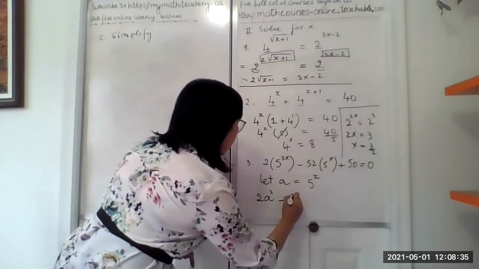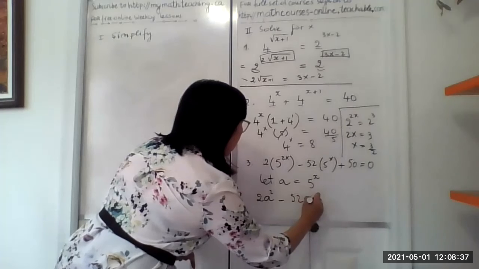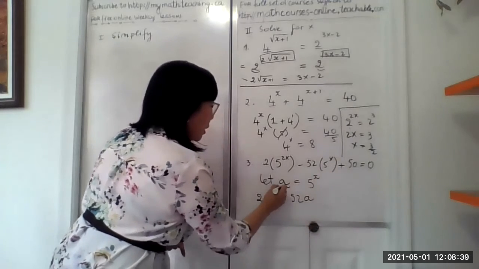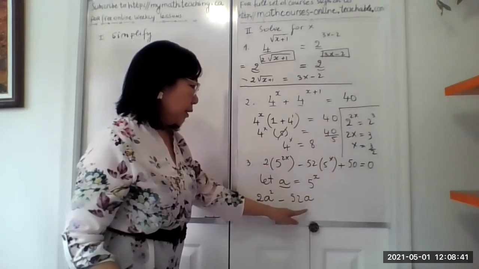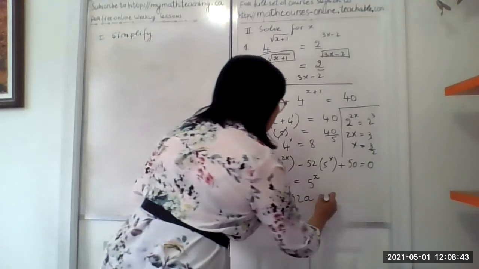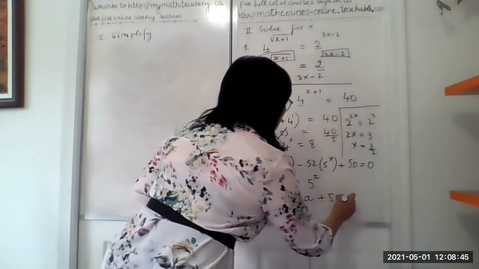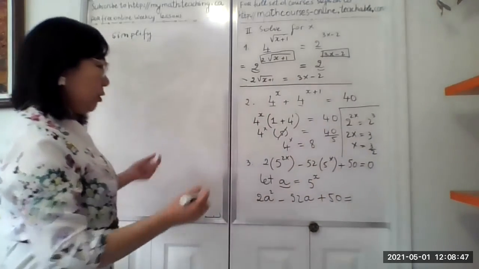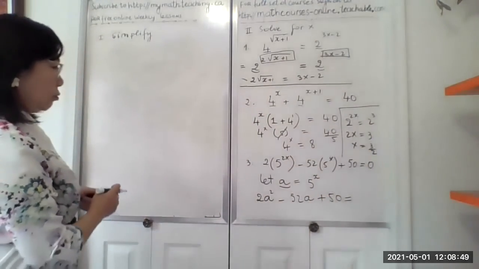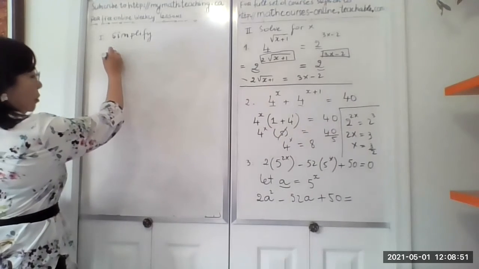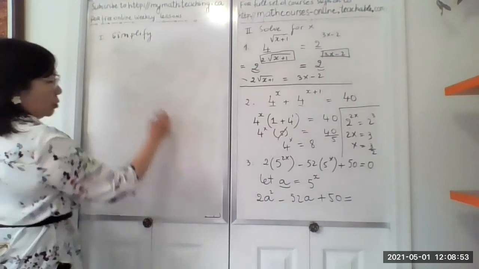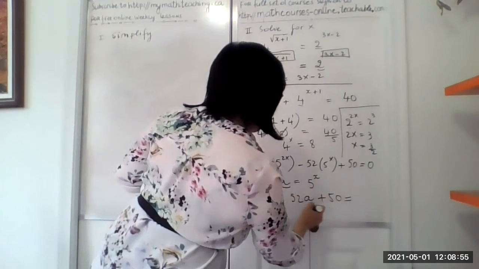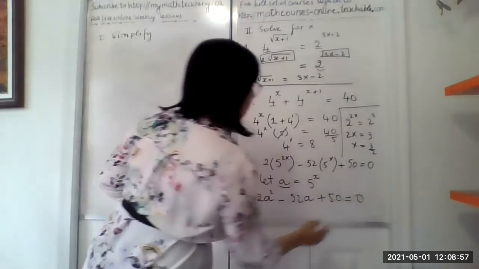Minus 52A, because 5 to the power x equals A. So I substitute this bracket by A plus 50. So at this point, I'm just treating them like a quadratic equation. I'm going to solve for it. So, equals 0.